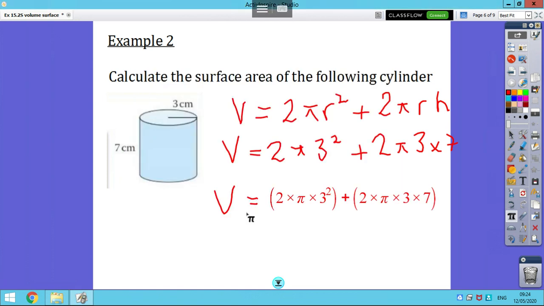Okay, and that's exactly what I've got written in my calculator.